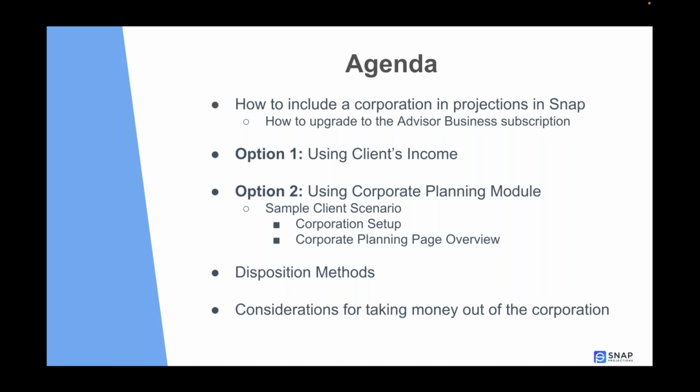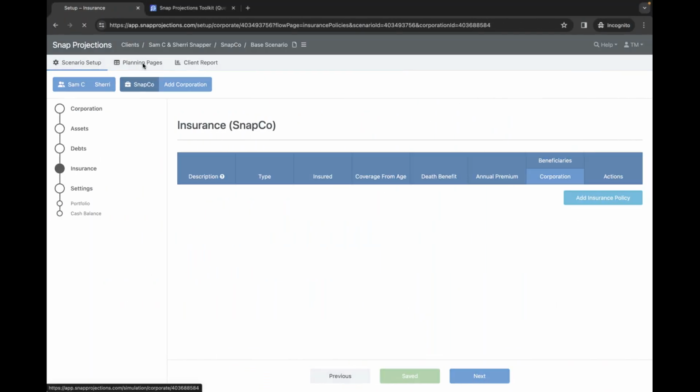Because there are many special cases for corporations, the client would be better off to leave the money in the corporation at their death. But what if it's a joint corporation? And do they have beneficiaries or trusts? So just think a little bit more on that. And let me show you on the planning pages.